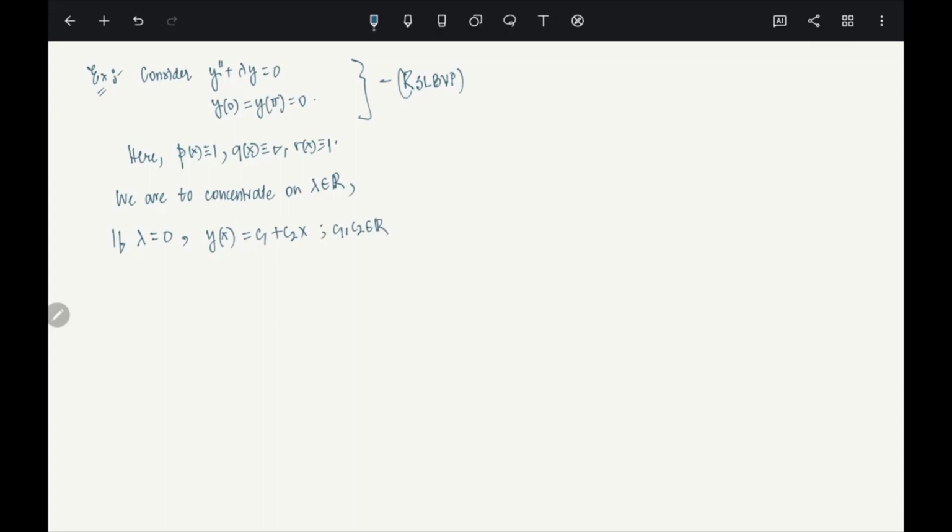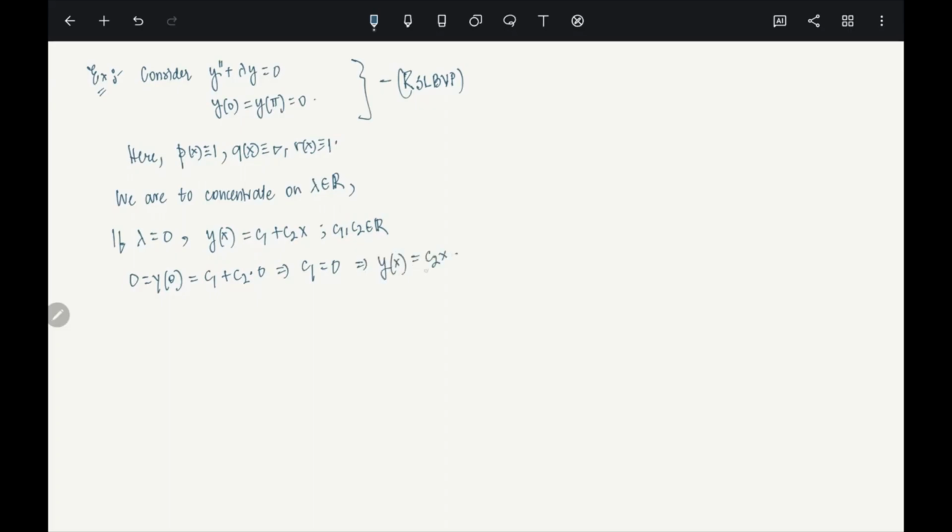Okay, and you see, it satisfies these two conditions. 0 equals y at the point 0. That is nothing but c1 plus c2 times 0, which gives c1 is 0. Now if c1 is 0, then y of x is nothing but c2 x.